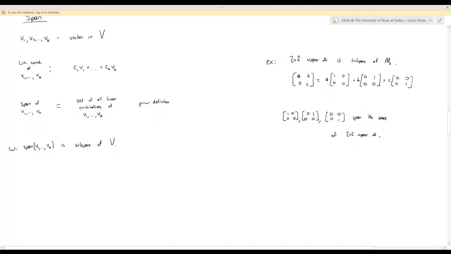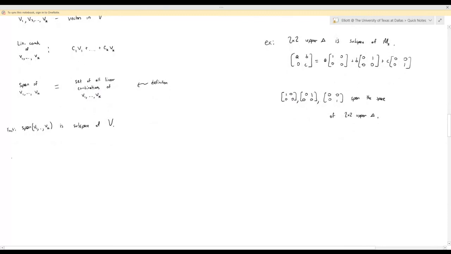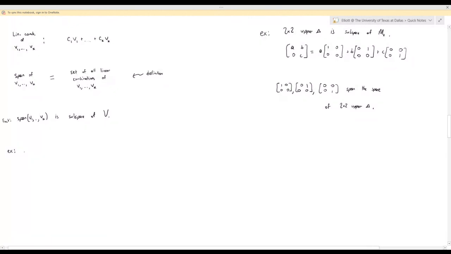And let's see here. Let me try to do maybe an example involving span right now. So in this example, it was maybe a little bit clear that these 3 matrices will span the space of all 2 by 2 upper triangular matrices. We've done some examples like this in the past, but I just wanted to bring it up again. But let's say that I have some vectors in R3.